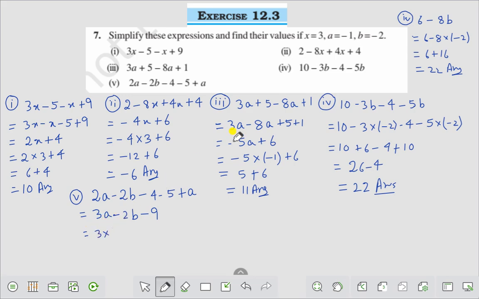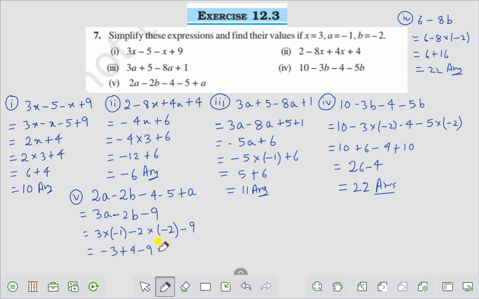that is equal to 3. The value of a is minus 1, minus 2 into the value of b is minus 2, minus 9, that is equal to minus 3, minus into minus is plus 4, minus 9.